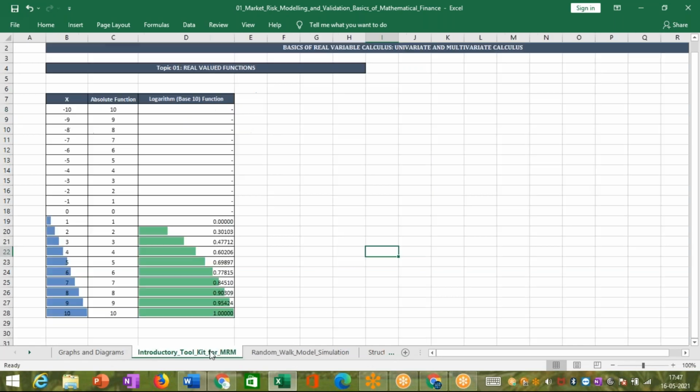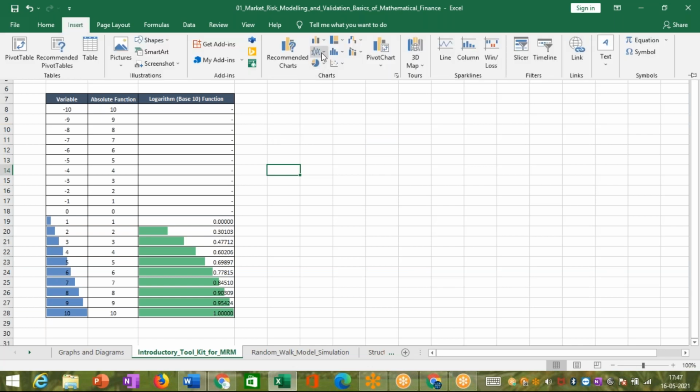So over here, let's try to construct a graph for this. This is the variable. I will plot this function over here.